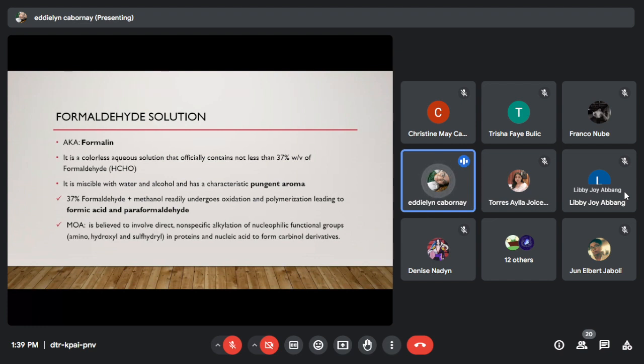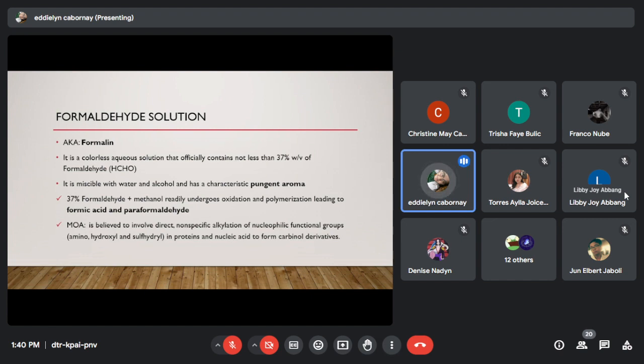It is miscible with water and alcohol and has a characteristic pungent aroma. The 37% formaldehyde plus methanol readily undergoes oxidation and polymerization, leading to formic acid and paraformaldehyde.